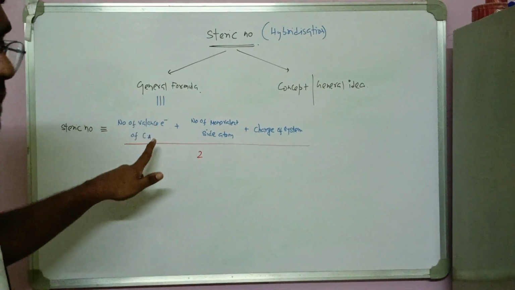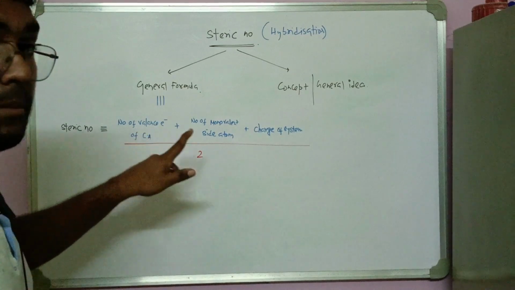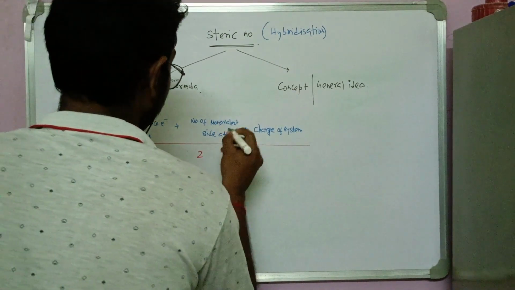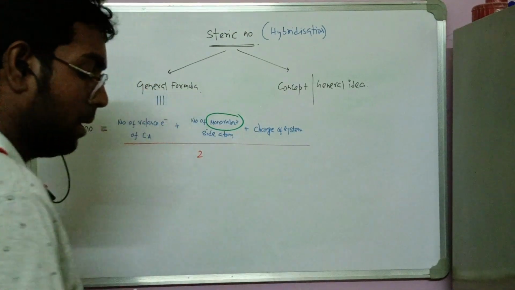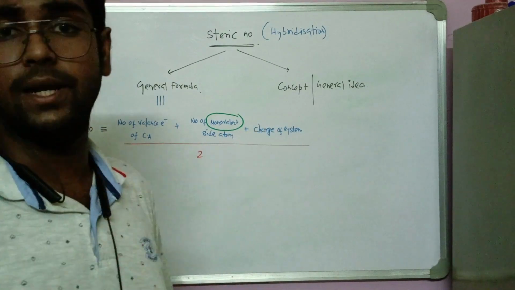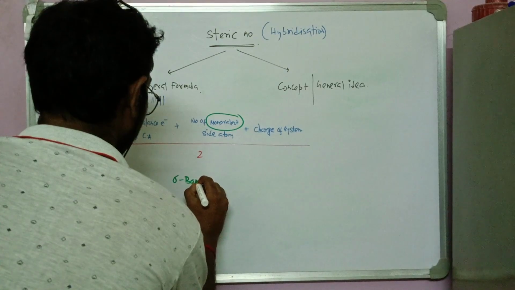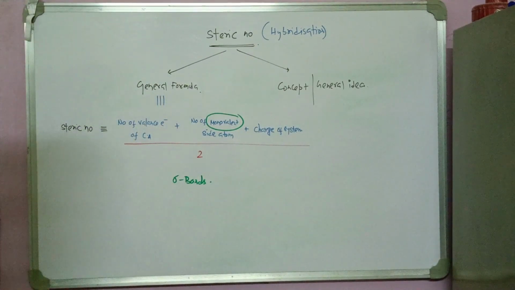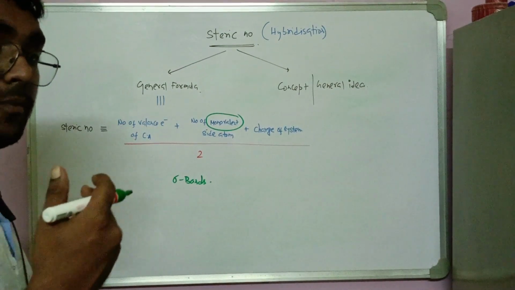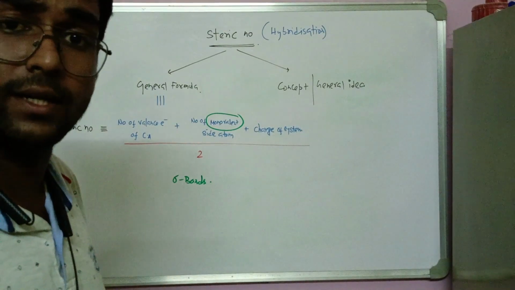So if we visualize what is happening, we are considering only the sigma bonding, because we are saying that the side atom has to be monovalent. If it forms a double bond or triple bond, then we would be considering the pi bond as well. So we are considering only monovalent atoms, and so only sigma bonds, right? And in the valence electrons of the central atom, there will be 2 types: electrons which are participating in hybridization, and another set of electrons which are not participating in hybridization.